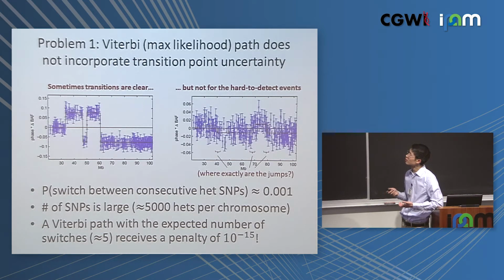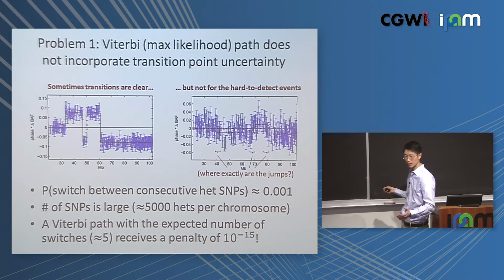The first problem is that the maximum likelihood path is only a single path. In this type of scenario, it's the rule rather than the exception that you wind up with lots of different paths that have similar likelihoods, because of these rare phase switch events. A phase switch event you might expect every 1,000 heterozygous SNPs.